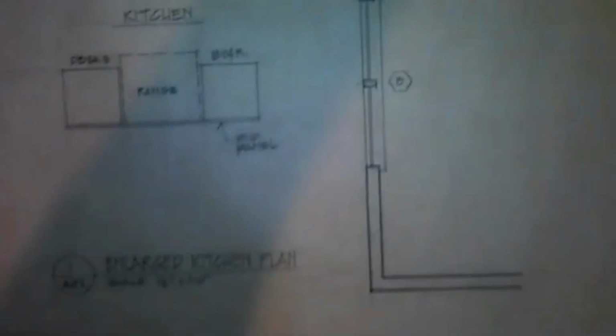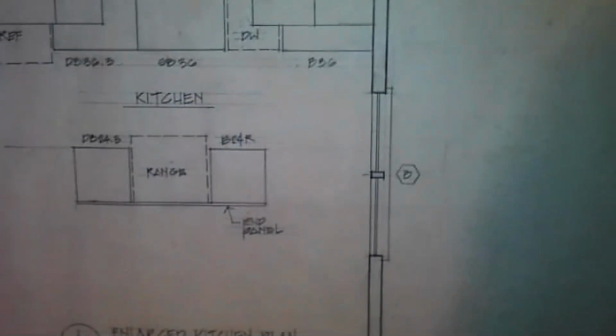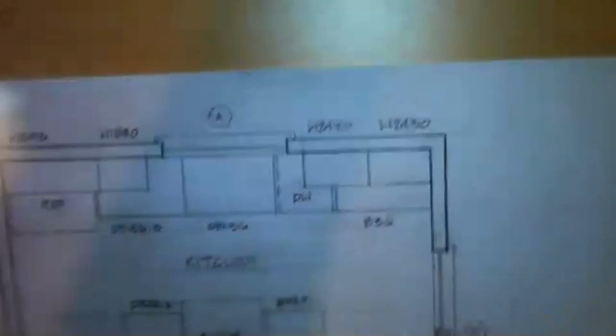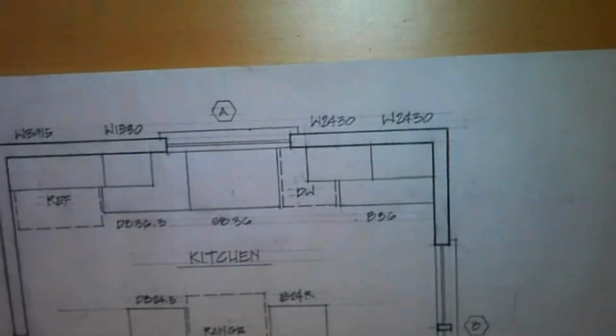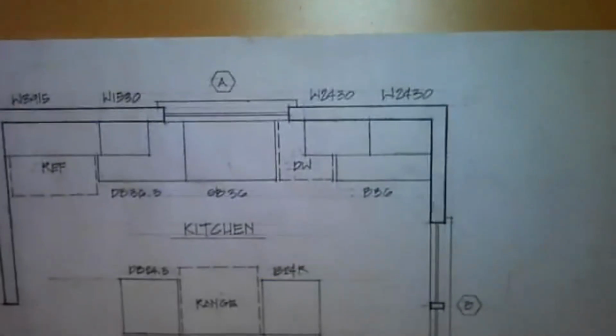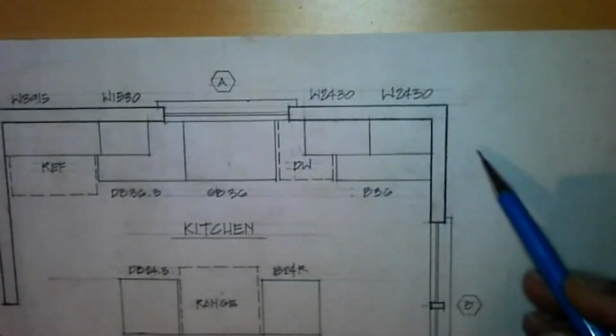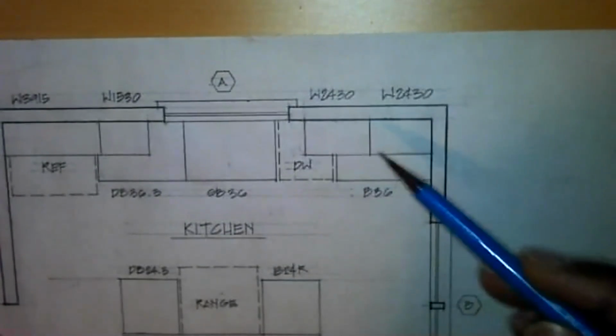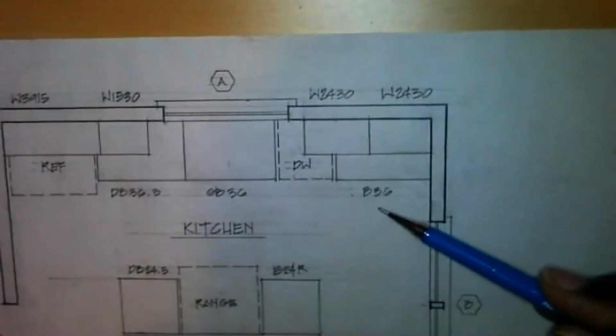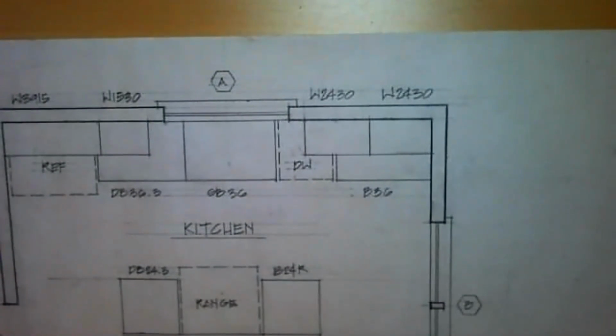All right. Good, you can see the corner here. This is a little bit better, good. So I started to place my first base cabinet in a corner. So actually I started in this corner right here with this base cabinet, which is a B36, right?